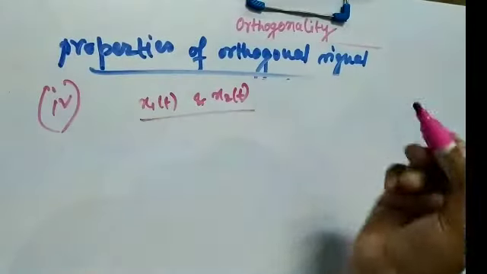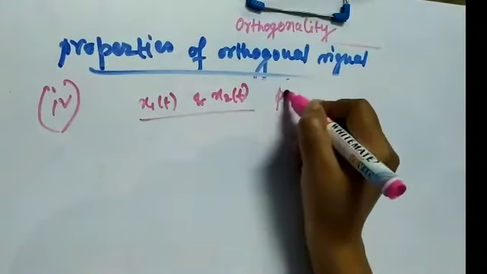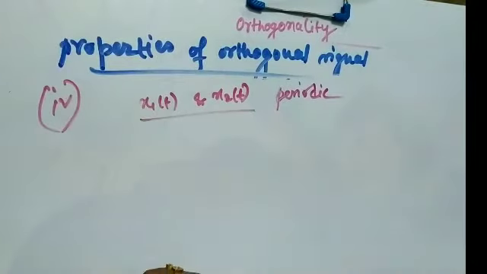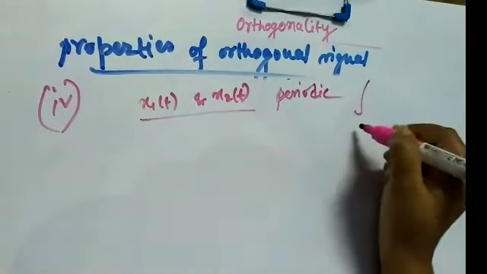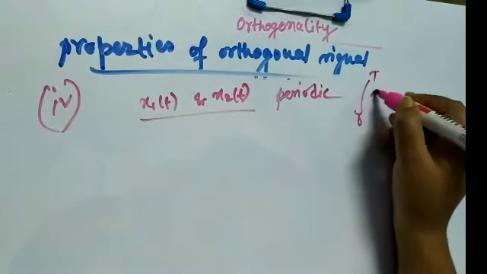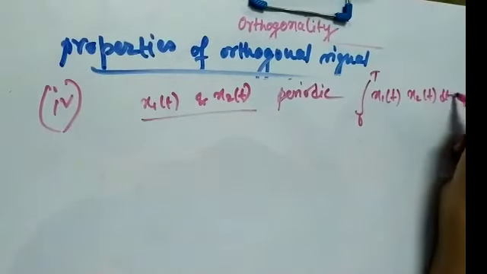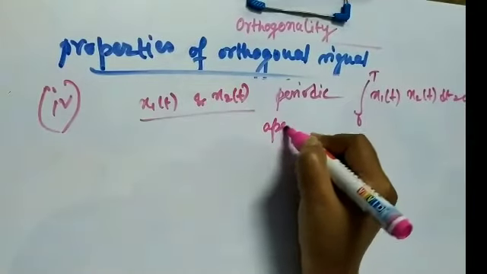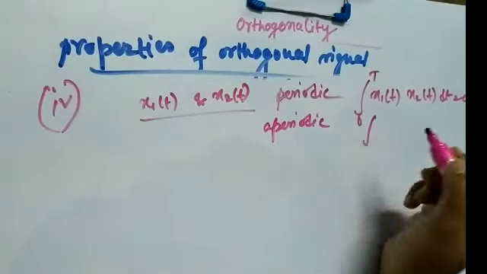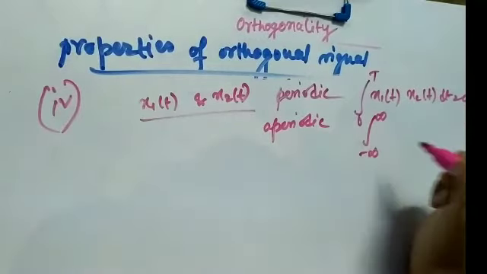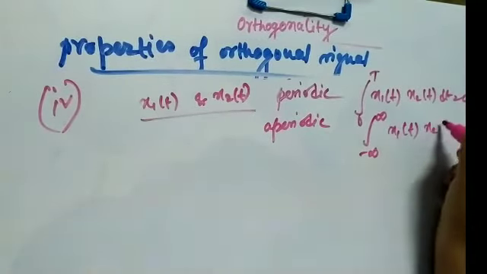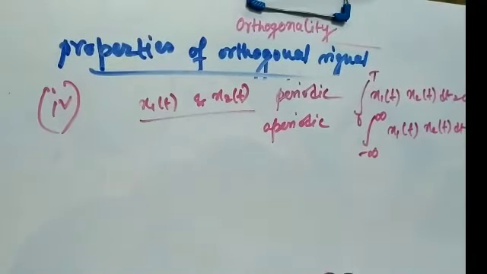If they are periodic, we integrate over the fundamental time period. If they are aperiodic signals, then the fundamental time period is replaced by the total time period, the rest of the equation is the same, and the value will be 0 after integration. This is the property for orthogonal signals, whether they are periodic or aperiodic.